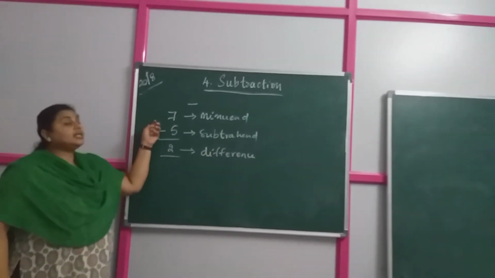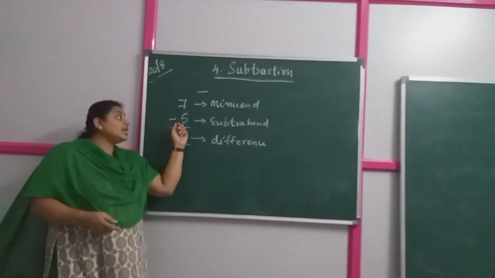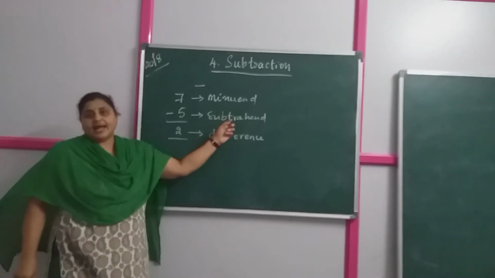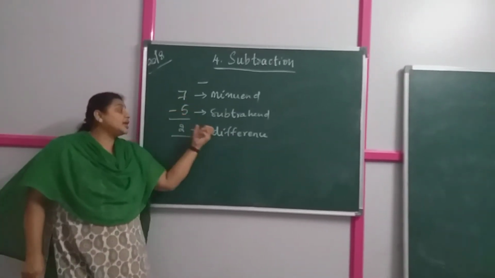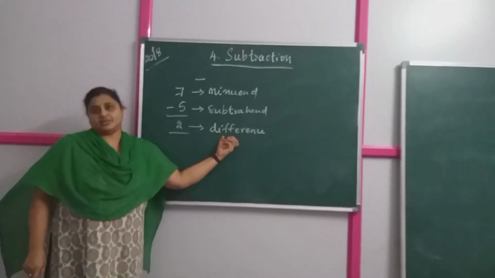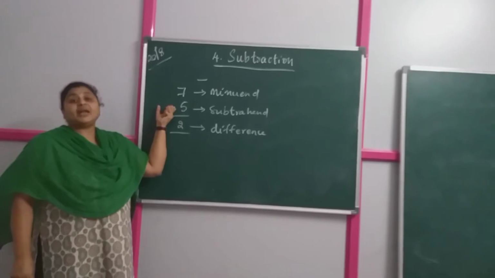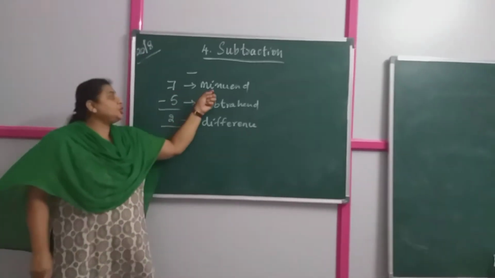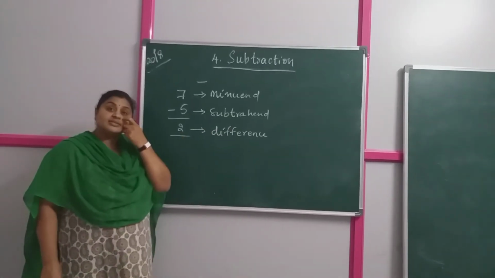The bigger number in subtraction is called the minuend and the smaller number is called the subtrahend. The answer that you get on subtracting these two numbers is called the difference. Got it children? And what is the sign we are using for subtraction? Minus. Minuend minus subtrahend is nothing but difference.